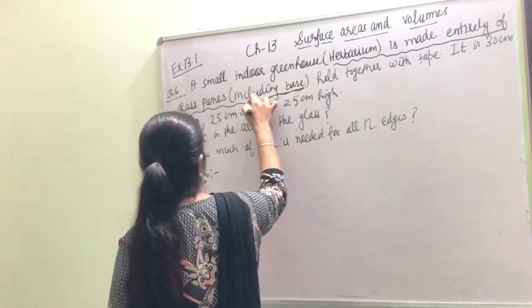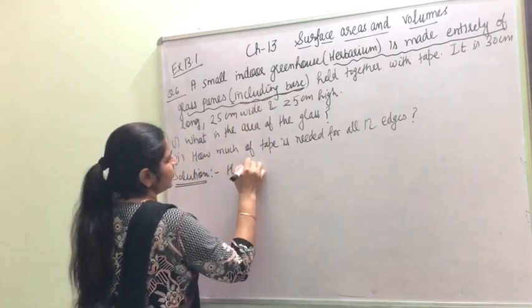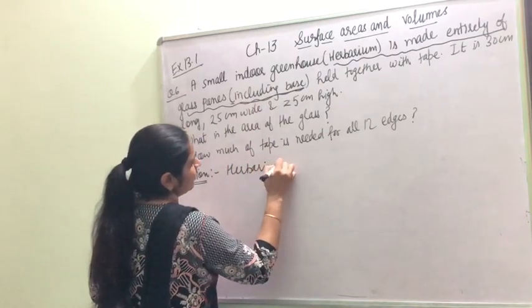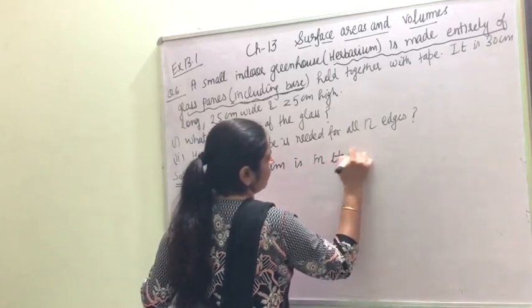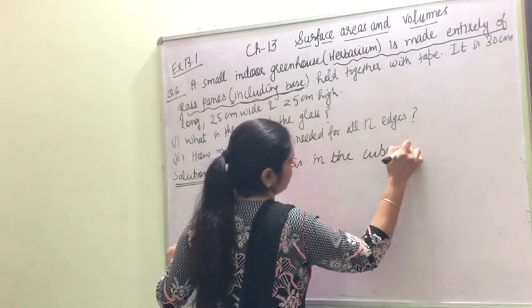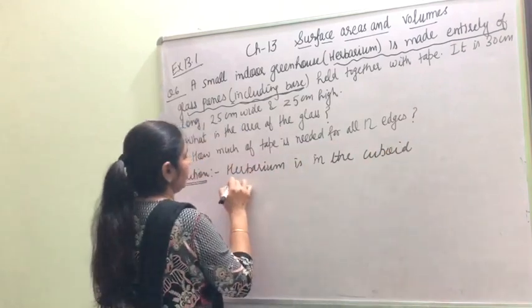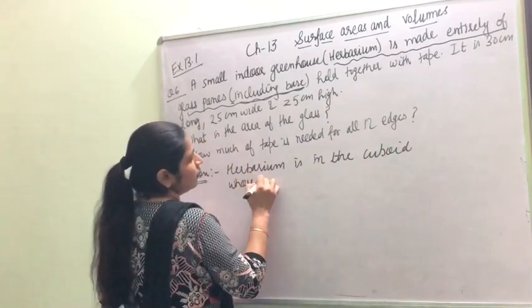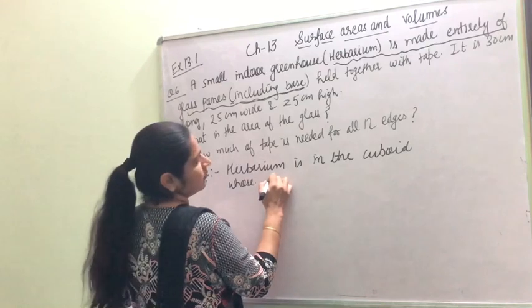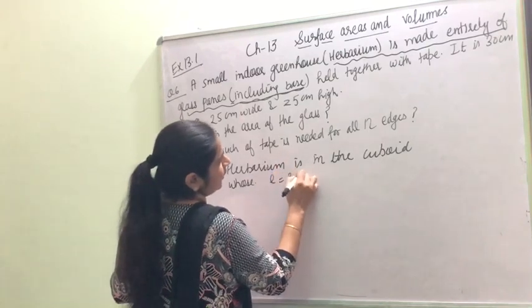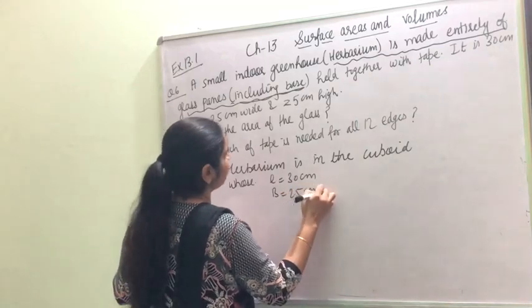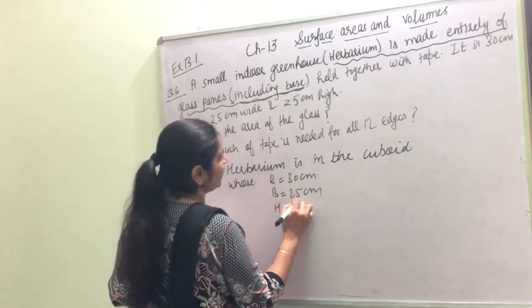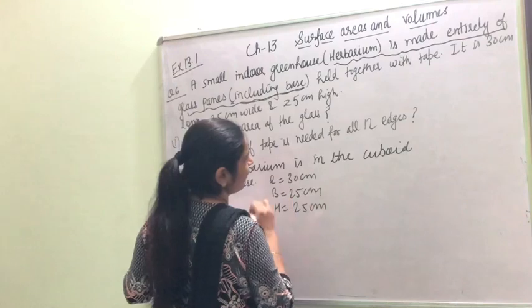If it is including the base, so the herbarium is in the shape of a cuboid whose dimensions are 30 centimeter is the length, 25 centimeter is the breadth, and height is also 25 centimeter.